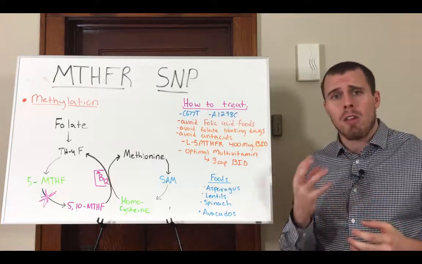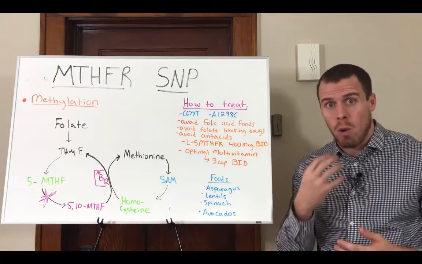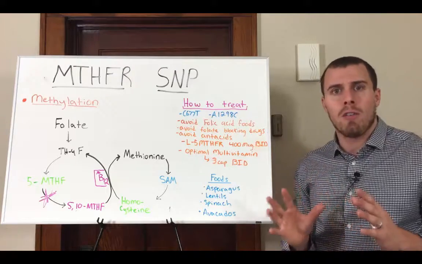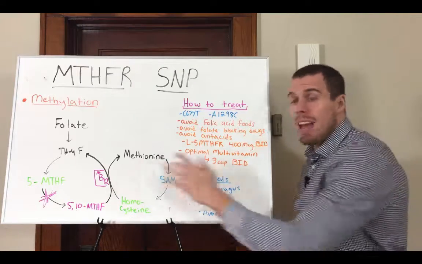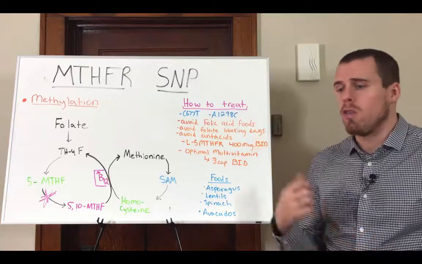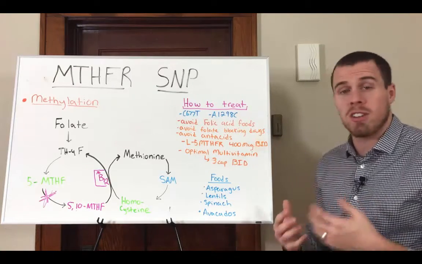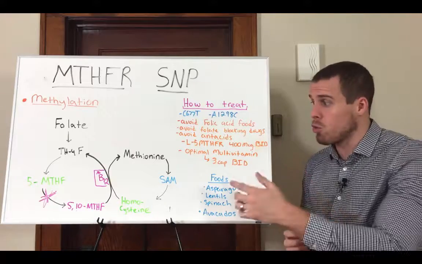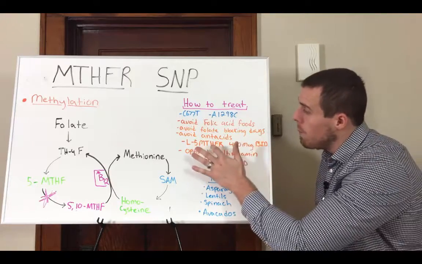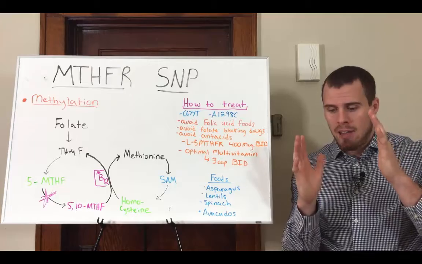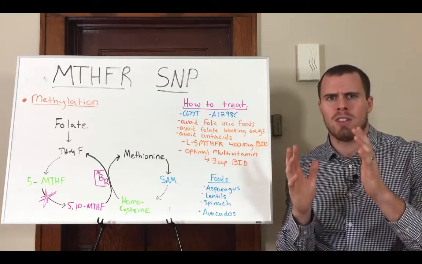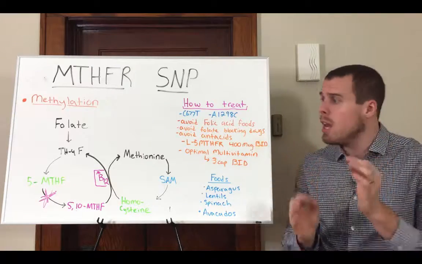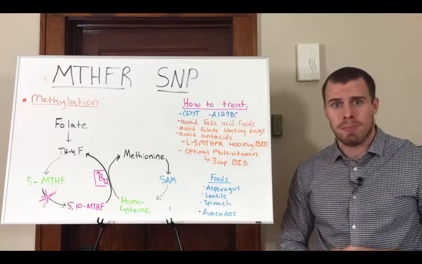Other folates or folic acids can mask B12 deficiency, so if we look at blood markers to see if we're deficient in B12, it'll mask that and we won't be able to tell if we are truly deficient. This won't cover up that B12 deficiency, so we'll be able to see if you are B12 deficient.